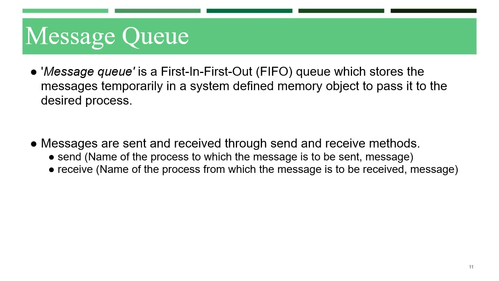Usually the process which wants to talk to another process posts the message to a message queue. Messages are sent and received through send and receive methods. Send means the name of the process to which the message is to be sent. Receive, the name of the process from which the message is to be received. The implementation of message queue, send and receive methods is OS kernel dependent.